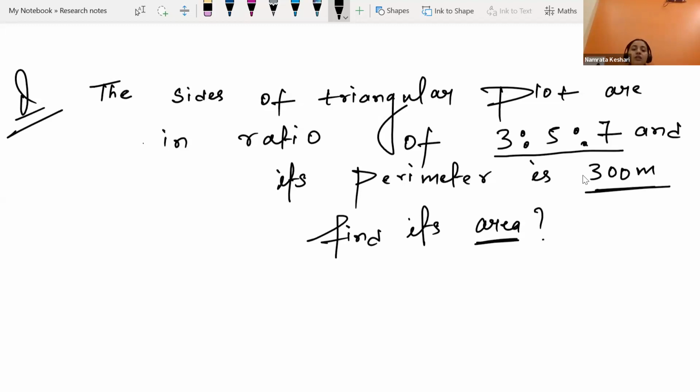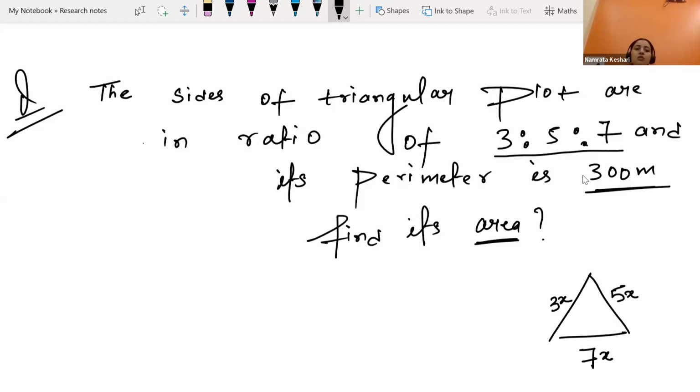It is not given in the question that we are having a triangle where one side is 3 centimeter, another side is 5 centimeter, another side is 7 centimeter. The information is given in ratio form, so we have to multiply the same variable with all of them. You are supposed to do the same thing whenever you have a ratio in any question.